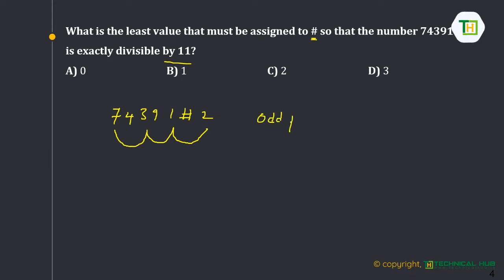The odd places sum of the digits is equal to 7 plus 3 plus 1 plus 2. How much? 7 and 3 is 10, 11, and 2 is 13. And next, the sum of the digits in even places. The even places are 4, 9, and the hash.